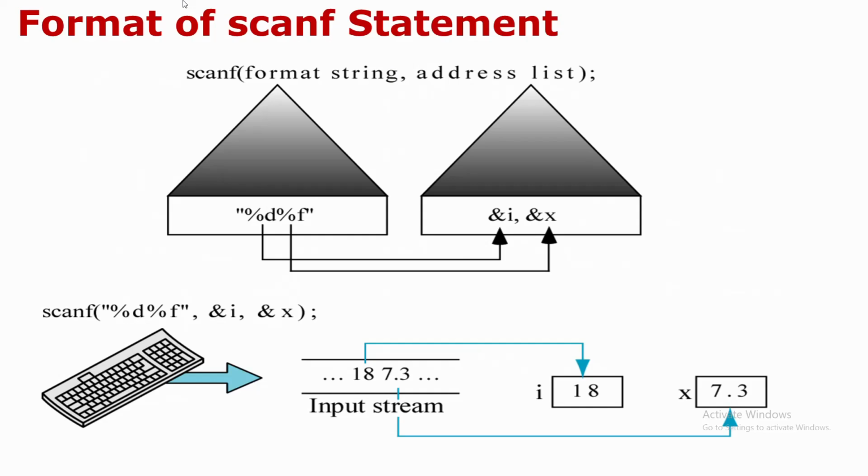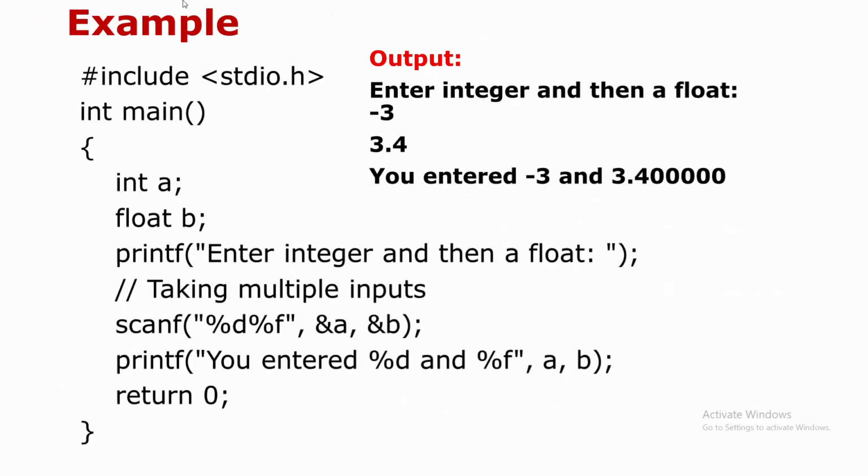That is why we use the address operator ampersand before variable names. int age; scanf("%d", &age). Age is the variable, &age means the memory location of age.